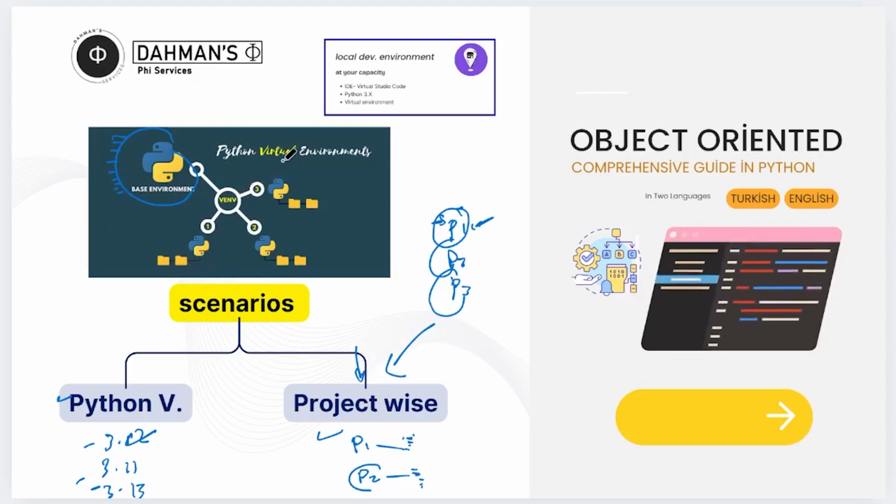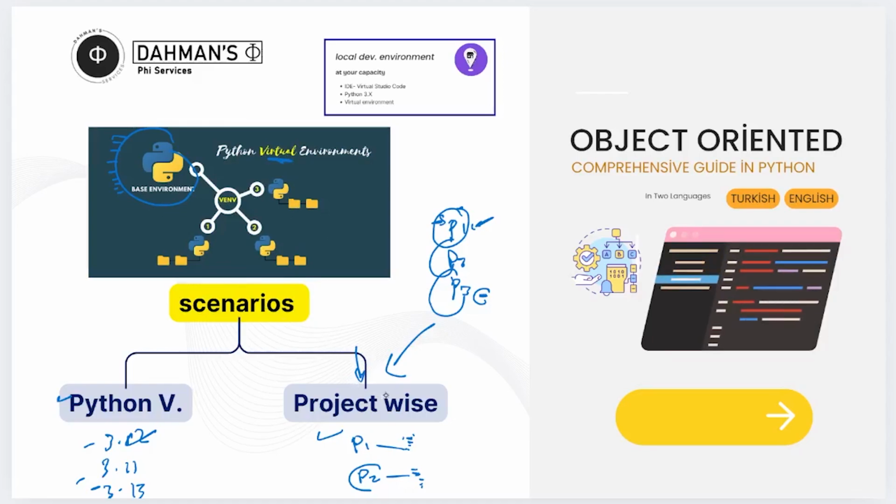But there is a scenario where disaster might visit you. If you install one of the libraries belonging to this project and it is corrupt and affects the whole base environment, you know what will happen? Every other project will shut down, because one of these external libraries had a problem. This is where a virtual environment gives you a magnificent way of thinking.